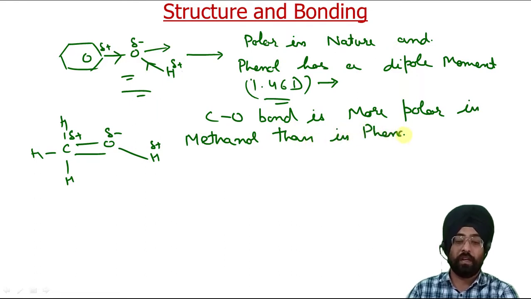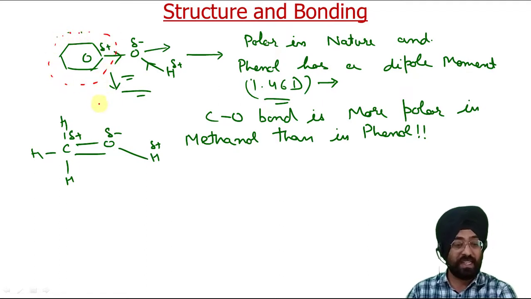So this is also very important thing. This carbon oxygen bond is more polar in methanol than in phenol. So why? Now this can easily be explained on the basis of the nature of these substituents. So as you can see, in phenol the substituent is this benzene, and here it is methyl group.